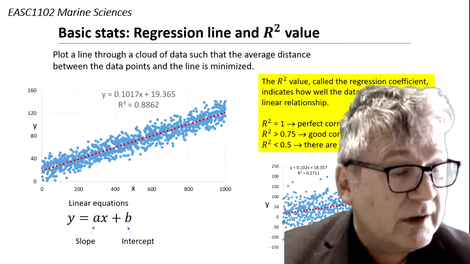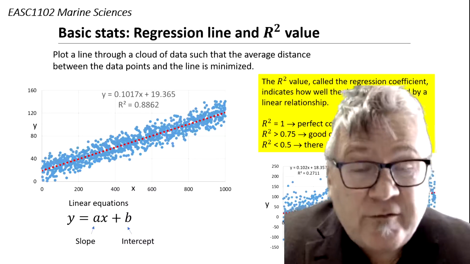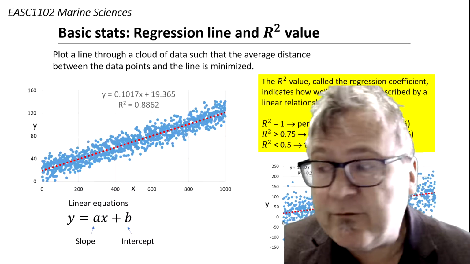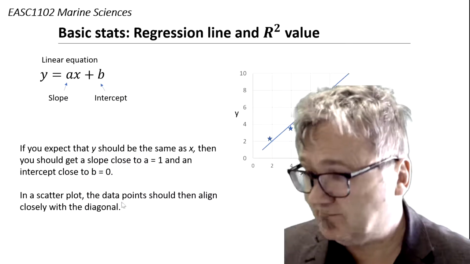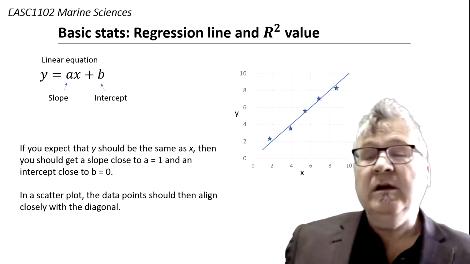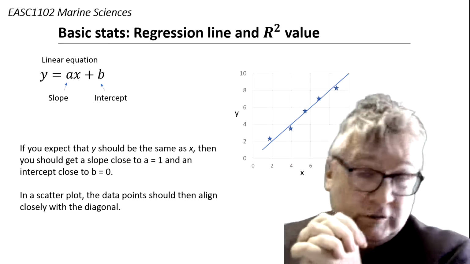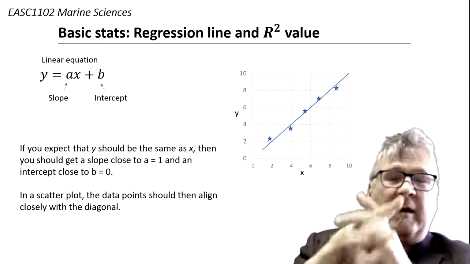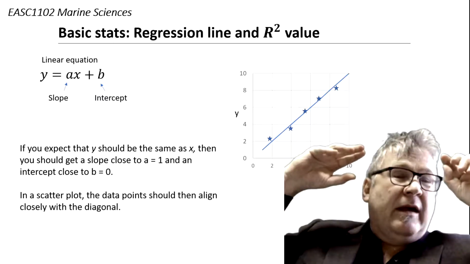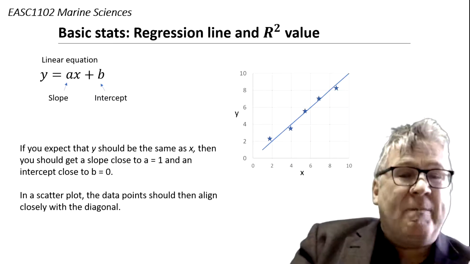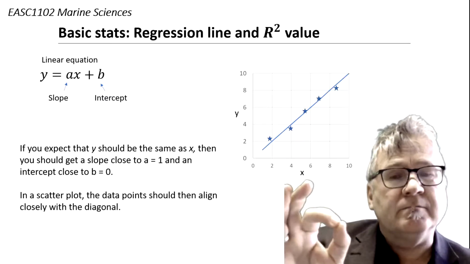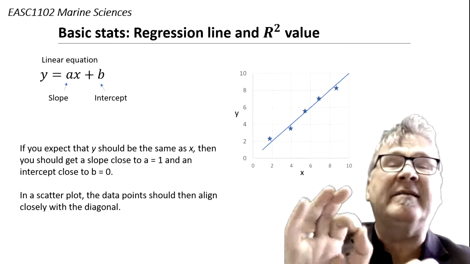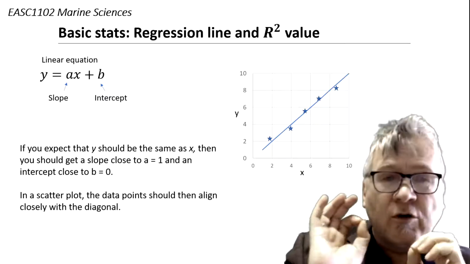I want to give you some examples of some very, very important details. So first of all, if you compare an observed value with a theoretical value, you actually expect a one-to-one correspondence.